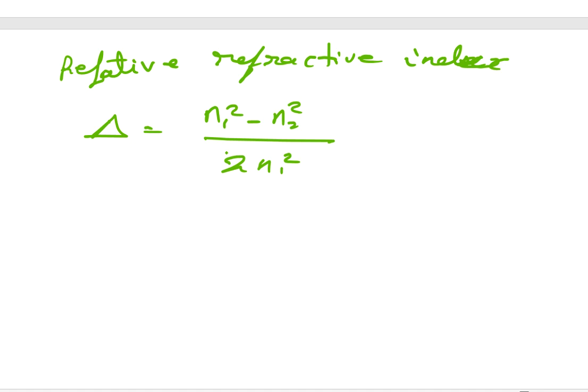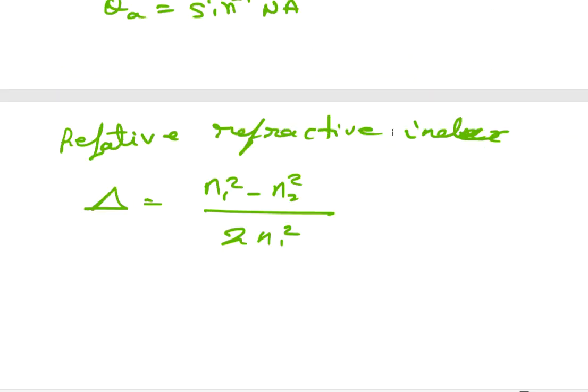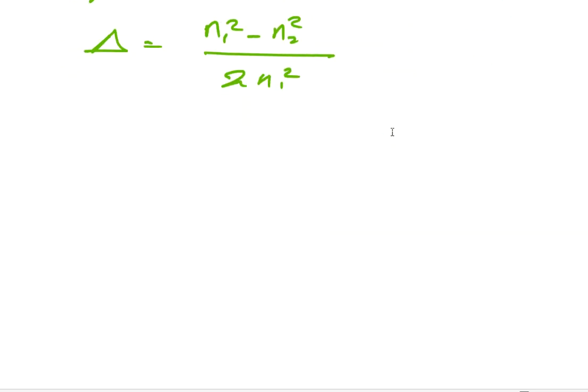See, the numerical aperture value is n1 square minus n2 square to the power 1 by 2. So we can put here del equal to numerical aperture square by 2 n1 square.